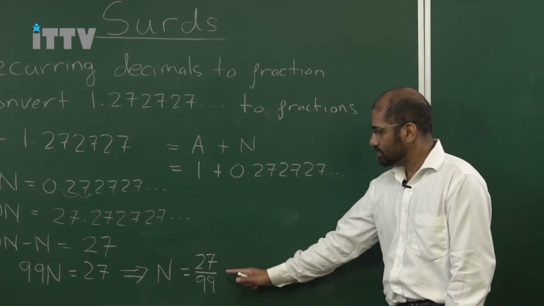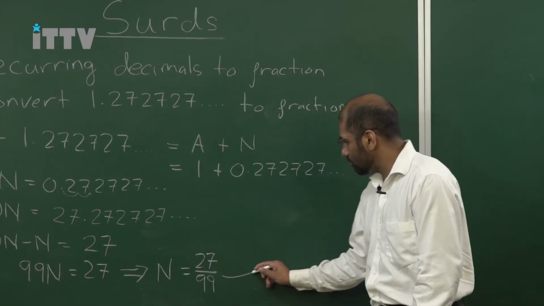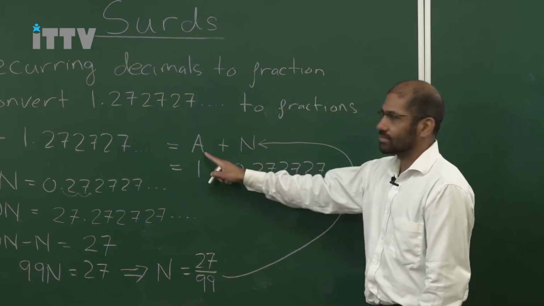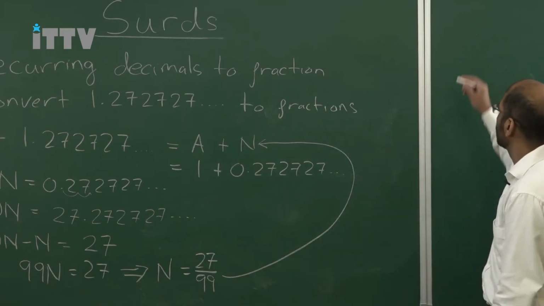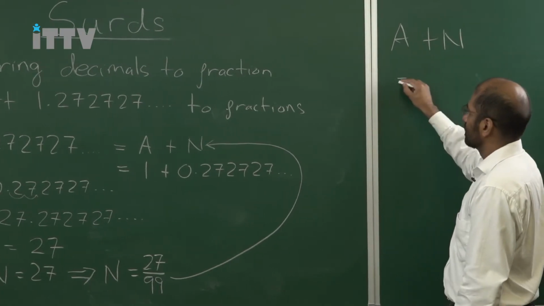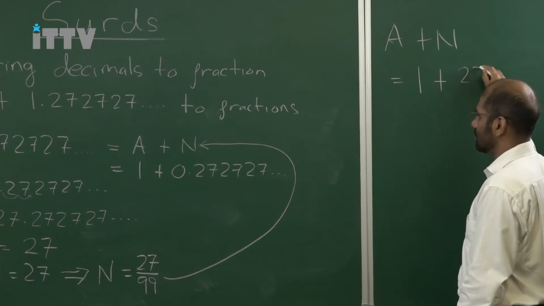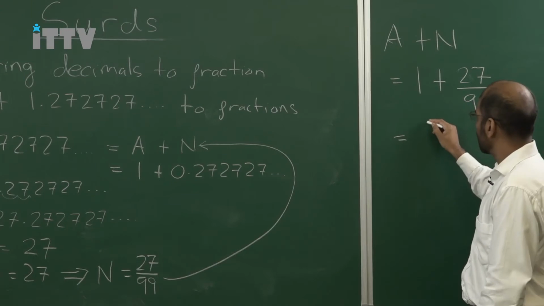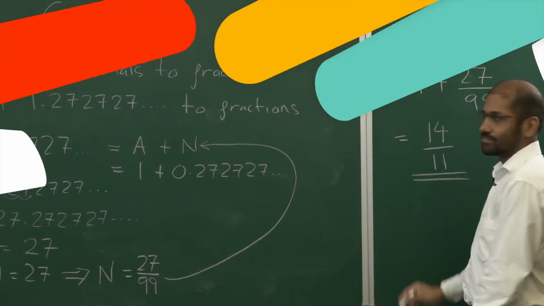And once we have obtained the value of n, we take the value of n and substitute back into our first expression a plus n. So we have a plus n equals 1 plus 27 over 99, and this gives us 14 over 11.